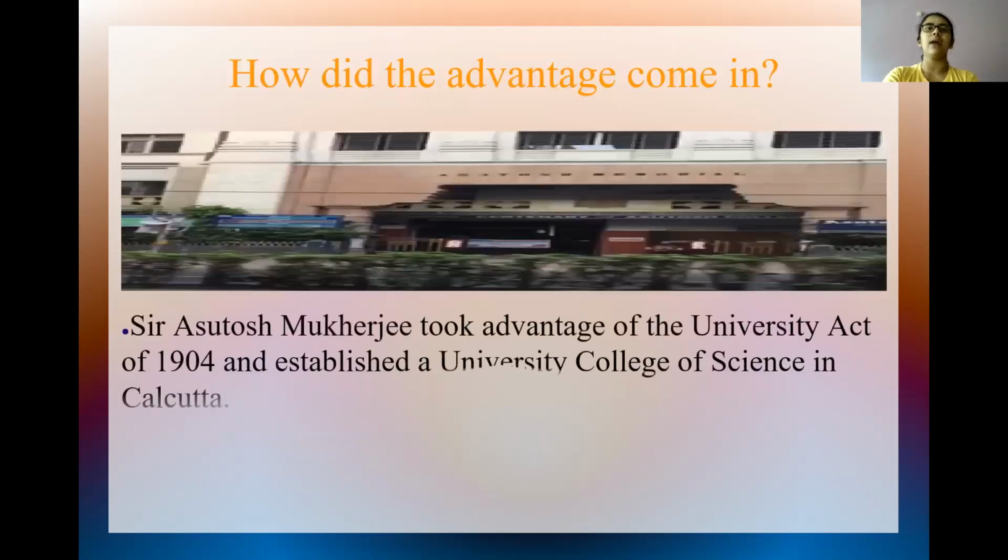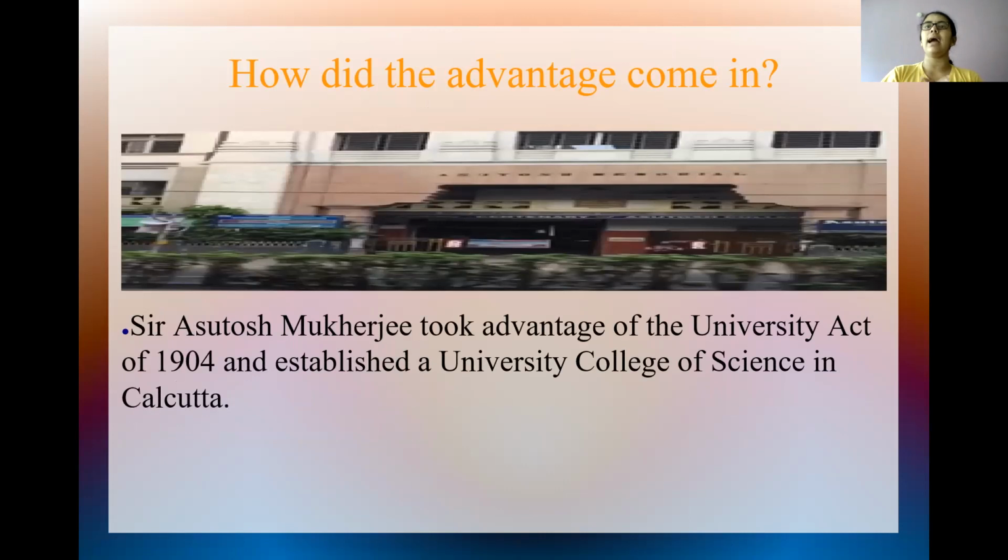So now, Sir Ashutosh Mukherjee, you can't see it, but there is Ashutosh block, there's Ashutosh College over here, and then there is centenary celebration. So Sir Ashutosh Mukherjee took advantage of the University Act of 1904.